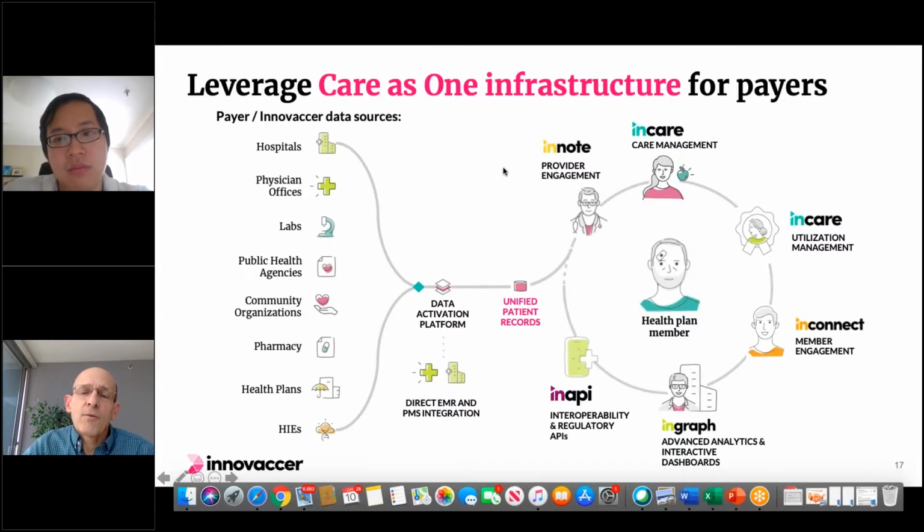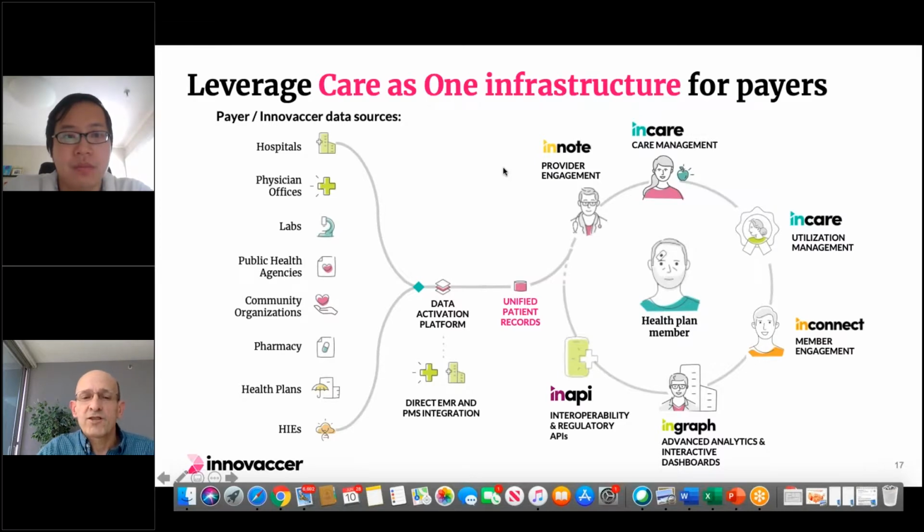How do you get the care managers and the doctors working on exactly the same information? How do you manage utilization effectively in real time? How do you engage the member? How do you engage them in using their information effectively? And lastly, how do you track and manage how the system is going?